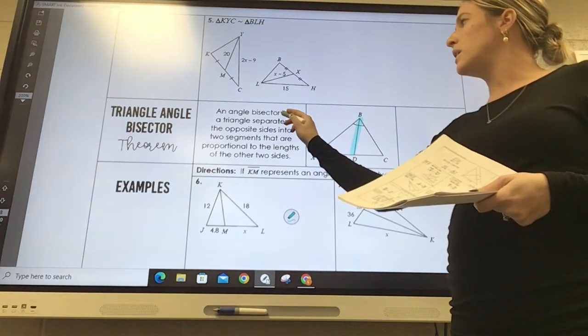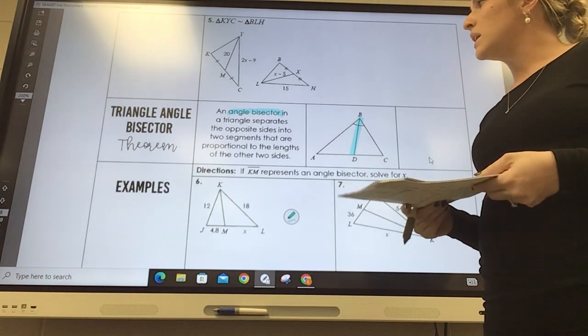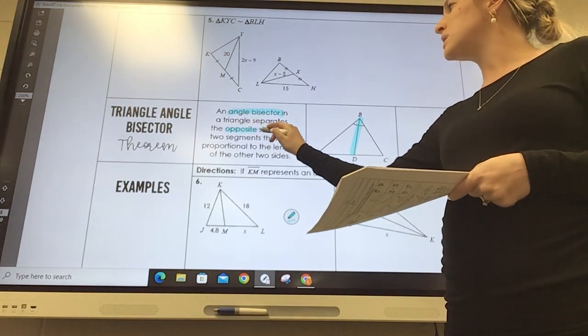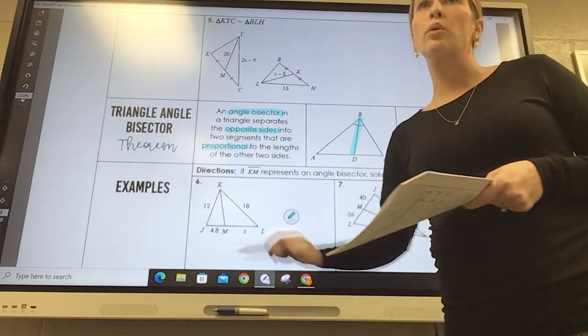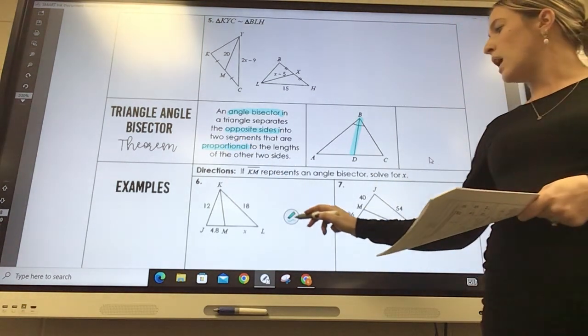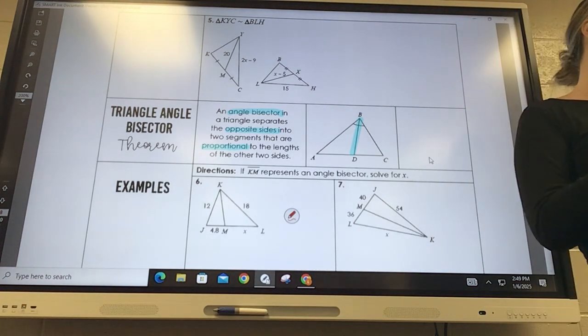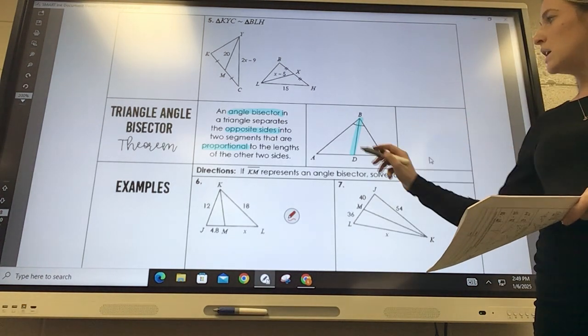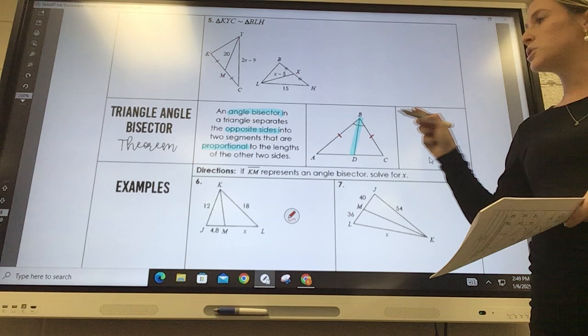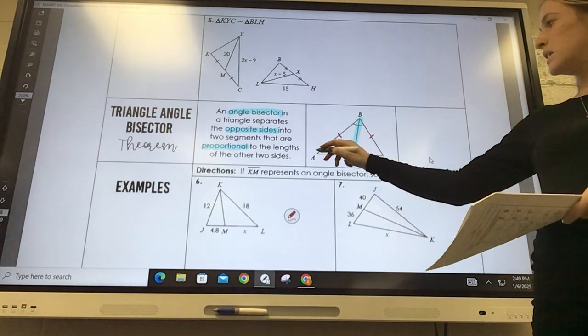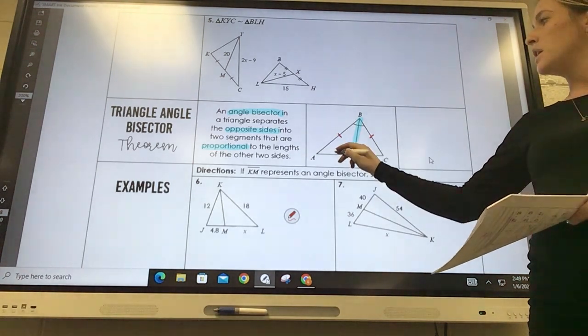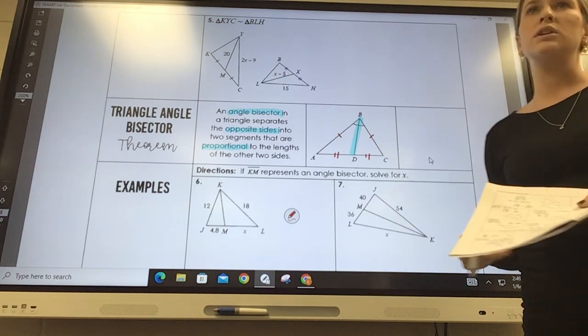Your pieces are not congruent, but they are going to be proportional. Once you have an angle bisector, it makes separate pieces where opposite sides are proportional to each other. I'm going to mark my picture as if it's congruent. They're not congruent, they're just proportional, okay? What I mean is your long side will be proportional to your long side, and this little base that gets cut into 2, your base side will be proportional to your base side.